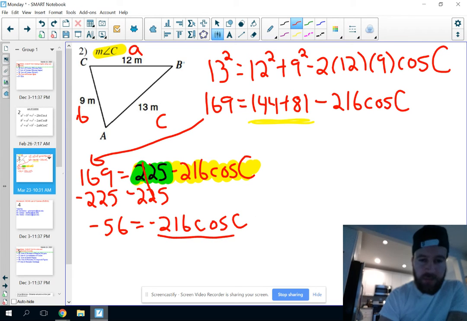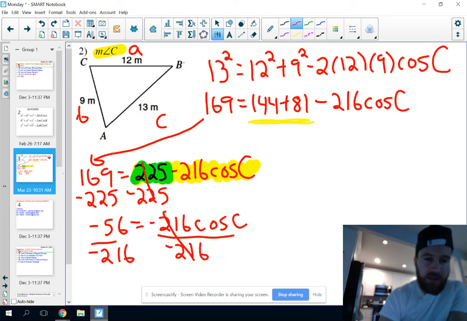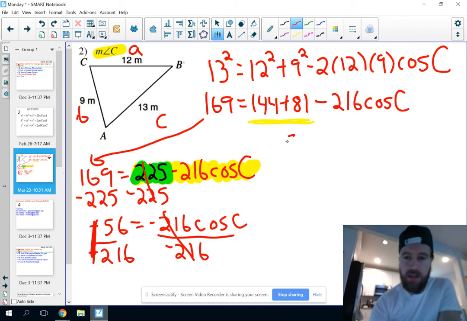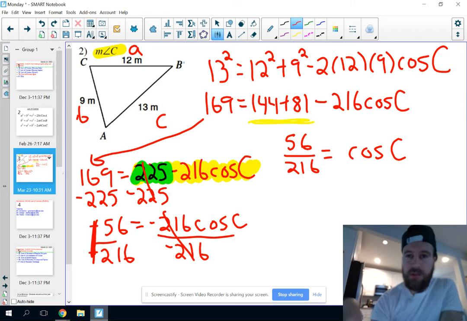To undo that multiplication, we're going to divide by negative 216. And when we divide a negative by a negative, it turns positive, so we can get rid of those negative signs. So we've got 56 over 216 equals the cosine of C. Our last step to get rid of cosine is just take that inverse cosine of each side.